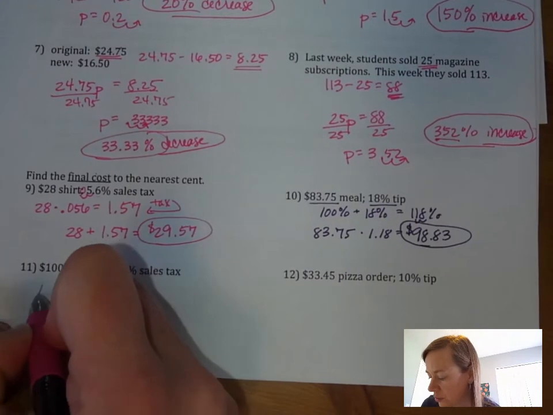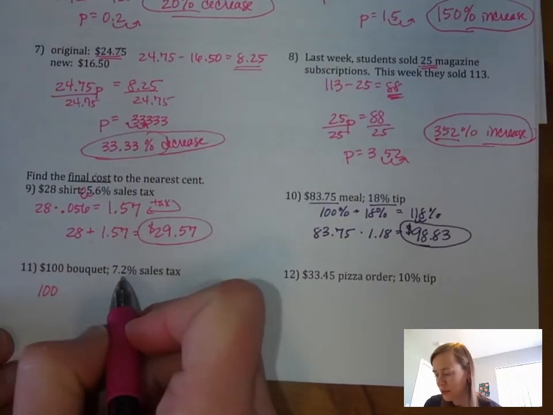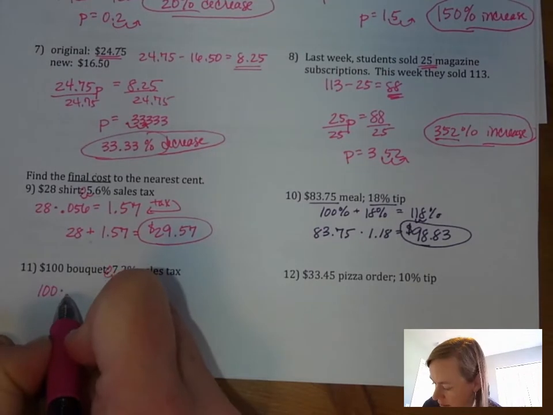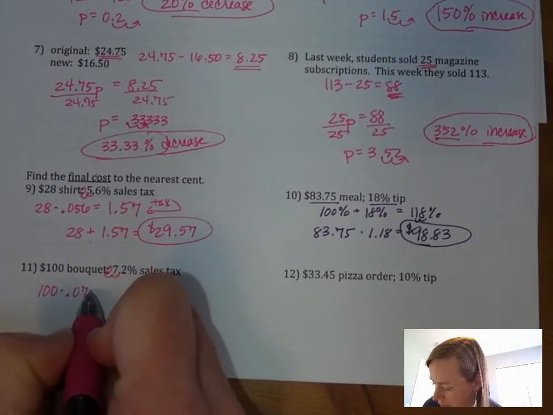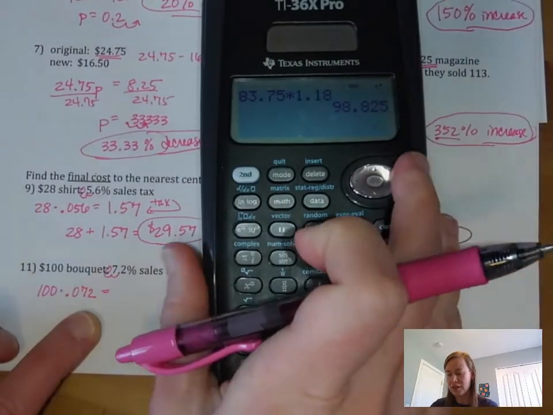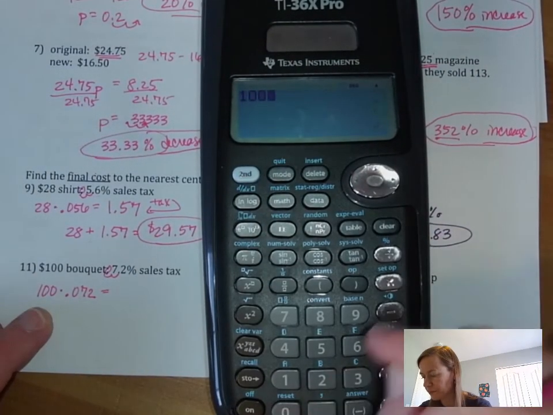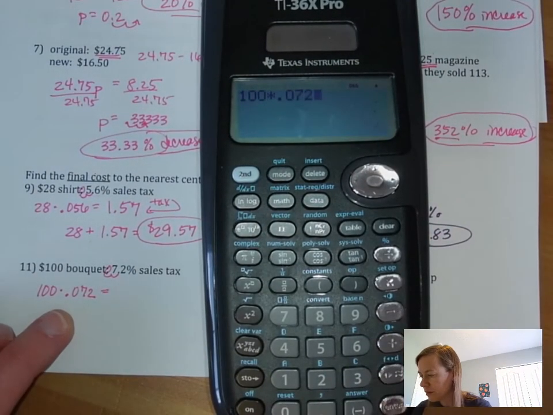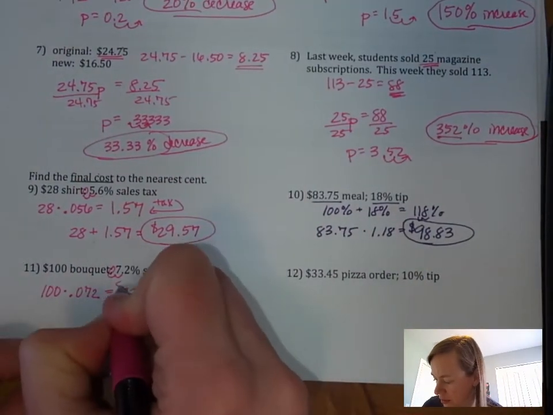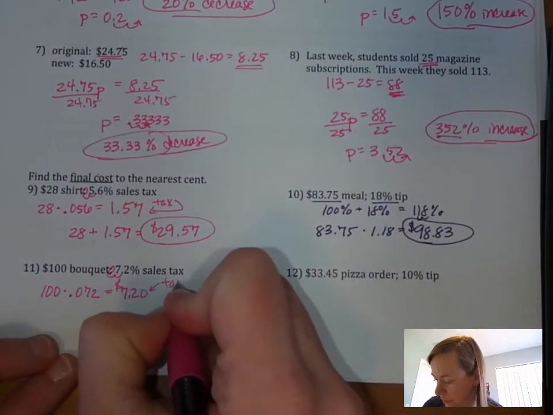You have a $100 bouquet, and you need to know what 7.2% sales tax of that is, so we're going to multiply that times 0.072. Make sure you don't put those percentages straight into the equation. Always change them into a decimal first. And that's going to be 7.2, in other words, $7.20 for the tax.